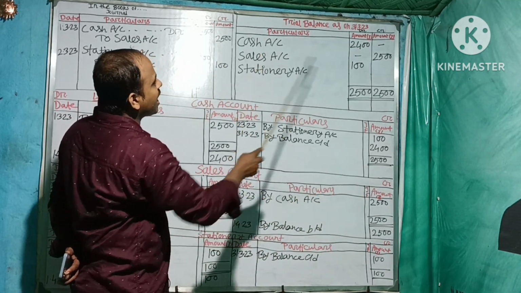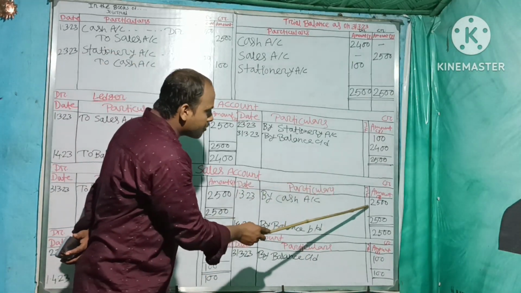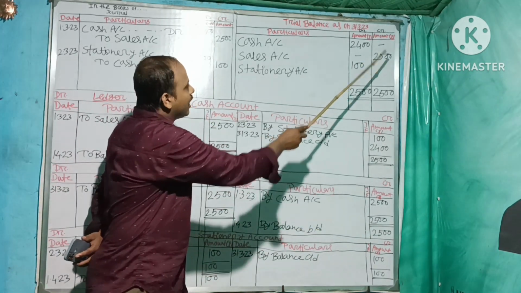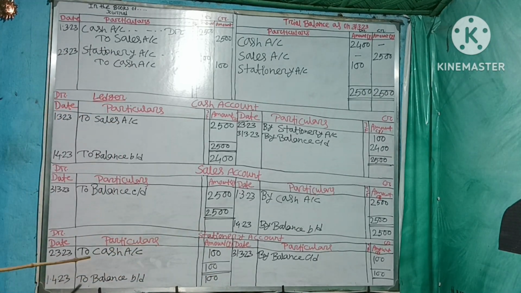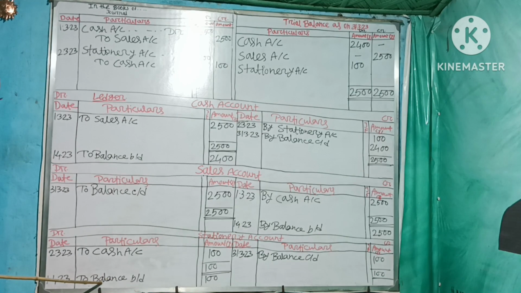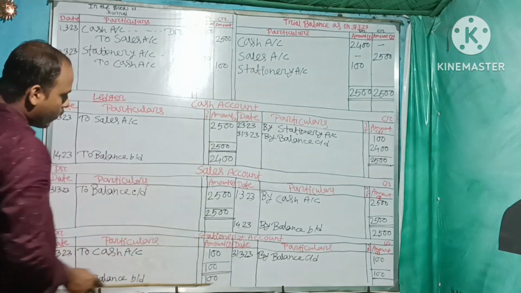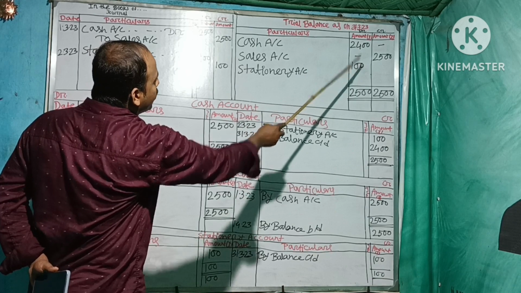For that reason we write 2500 in the credit amount column. Also in the stationery account, the debit side has the BD balance, that is 100 rupees. For that reason we write this 100 rupees in the debit amount column.